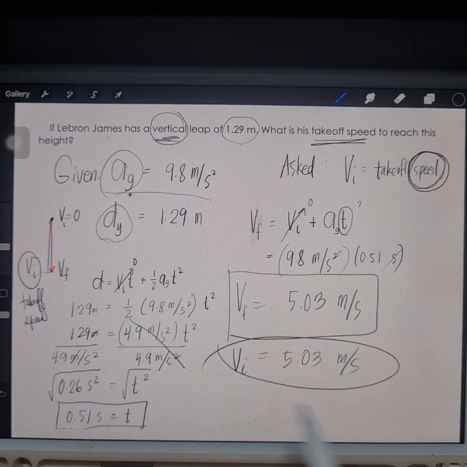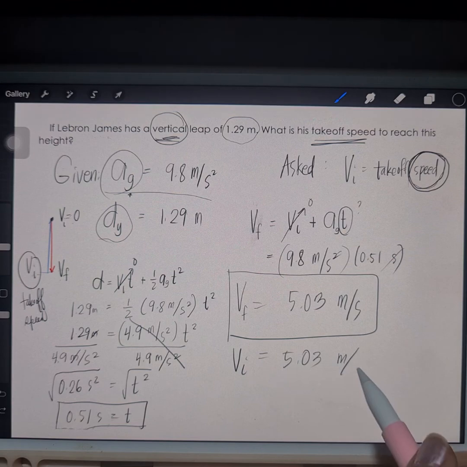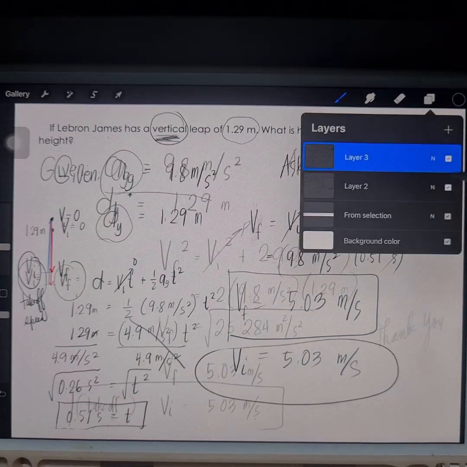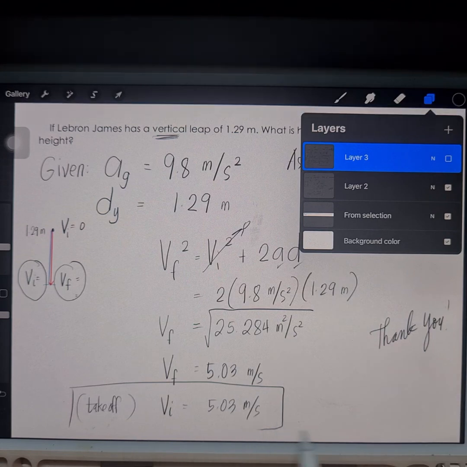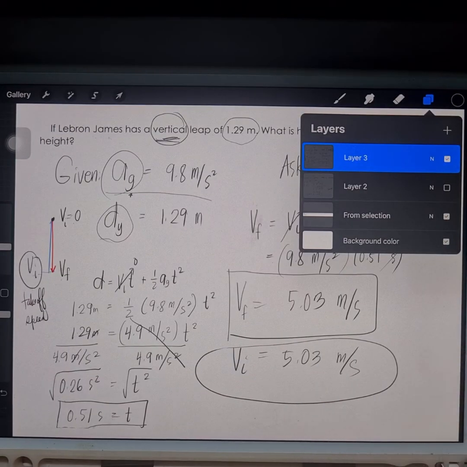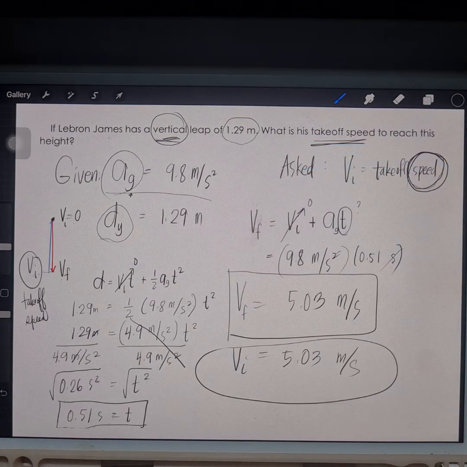This is now the final answer, and we compare it with the first one. We have there the takeoff speed, which is 5.03, and they're just the same.